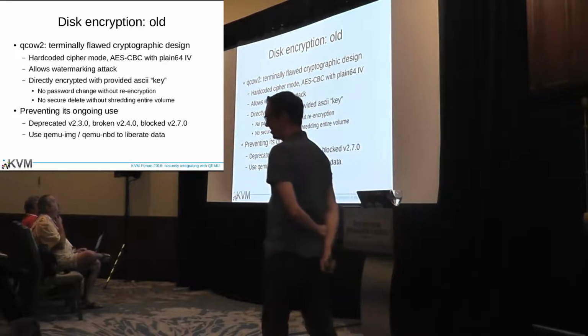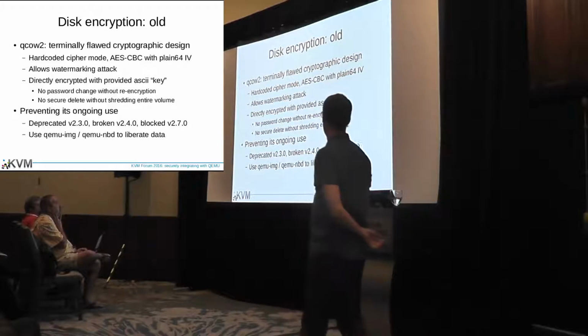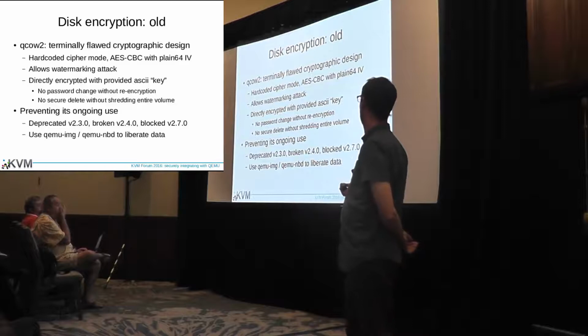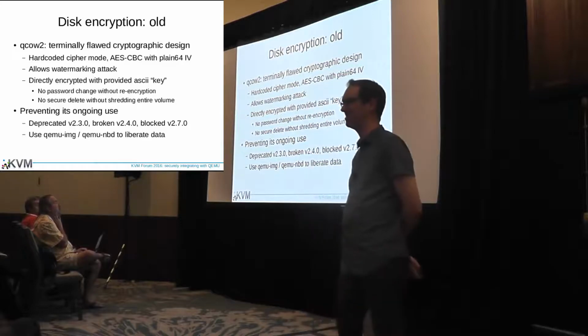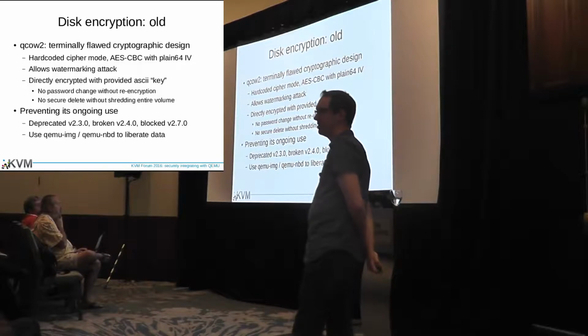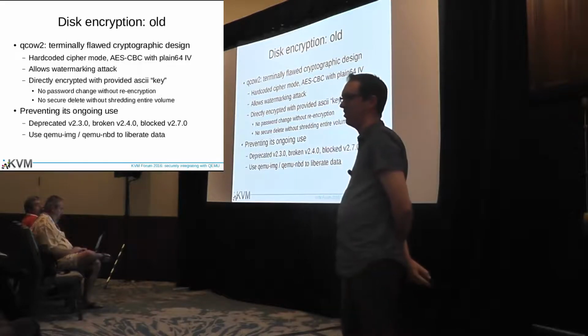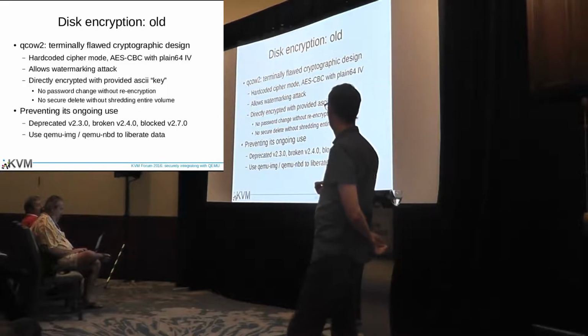For a start, the QCOW2 encryption is hard-coded to use the AES encryption cipher in CBC mode with a plain64 algorithm for generating initialization vectors, and this is quite an undesirable configuration because it allows a number of attacks on the content of the disk image, specifically a watermarking attack.